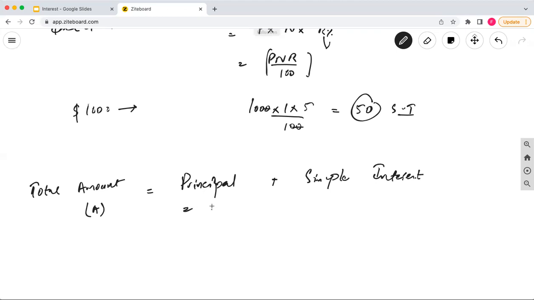So this is P plus PNR over 100, right? If I take P common, this will be A = P(1 + NR/100). This is the total value at the end of N years, including the simple interest. So this is just a basic idea about simple interest. Is everything clear until now?